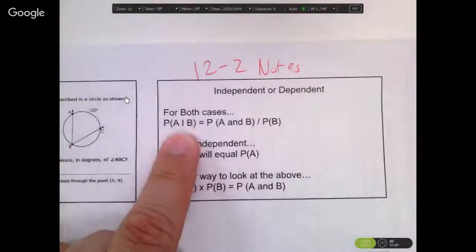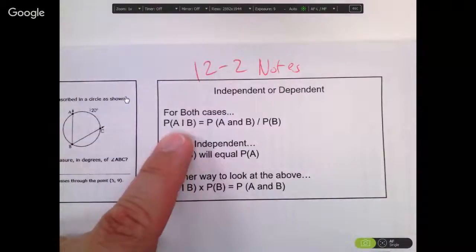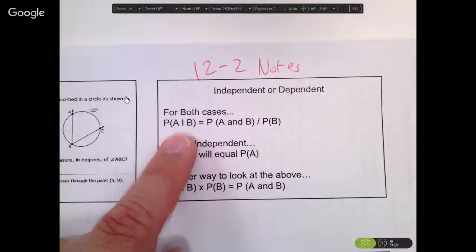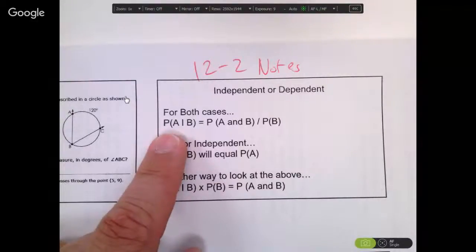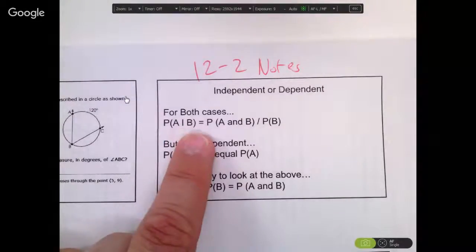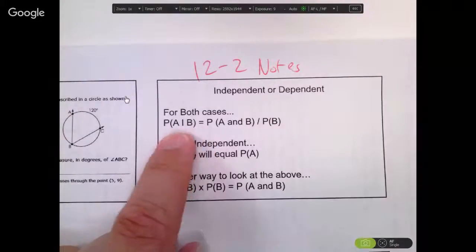This is the probability. So I actually gave you the formulas today. We're not writing anything down, but this is a test to determine whether something's independent or dependent. So this says probability A given B. So B has happened. What's the probability that A is going to happen?